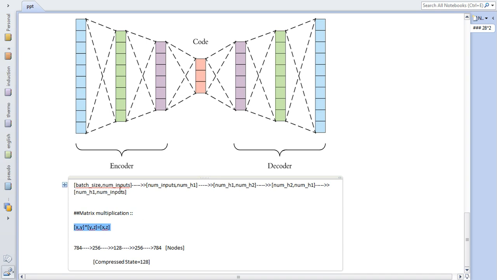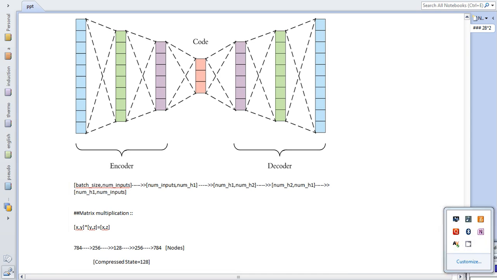Now we have the images, and we won't be feeding all the training images in one go. We will be feeding a certain number of images, say 200 or 256 or something like that. That is known as the batch size for the training. Let's say we are feeding a batch size of 256, and the number of inputs is 784, as we have already flattened the image of 28 by 28.